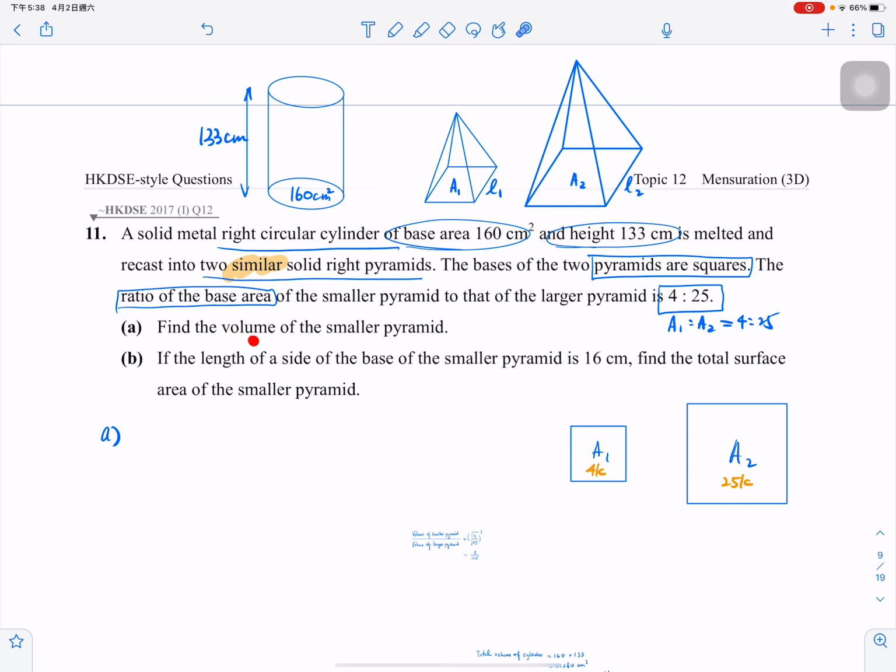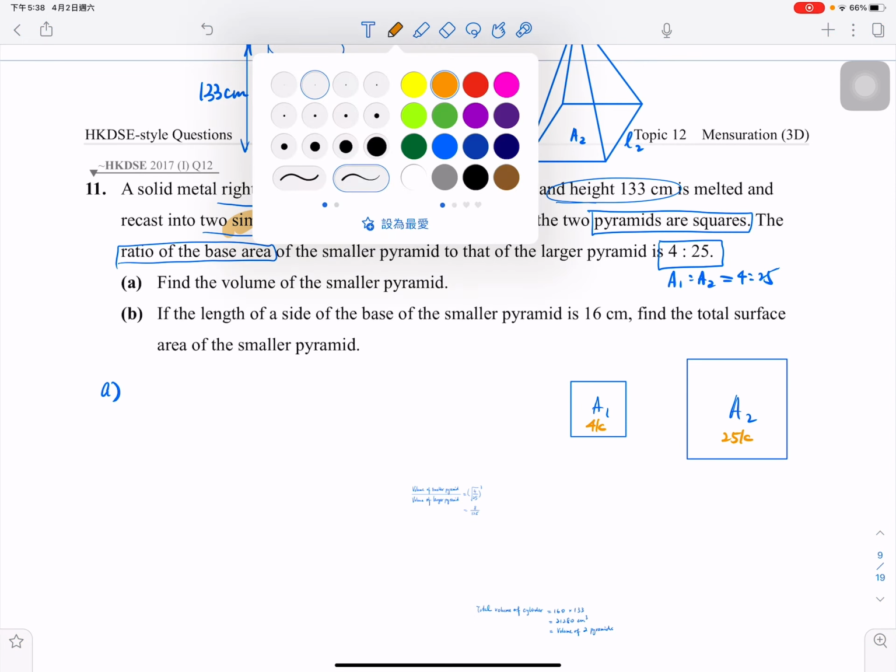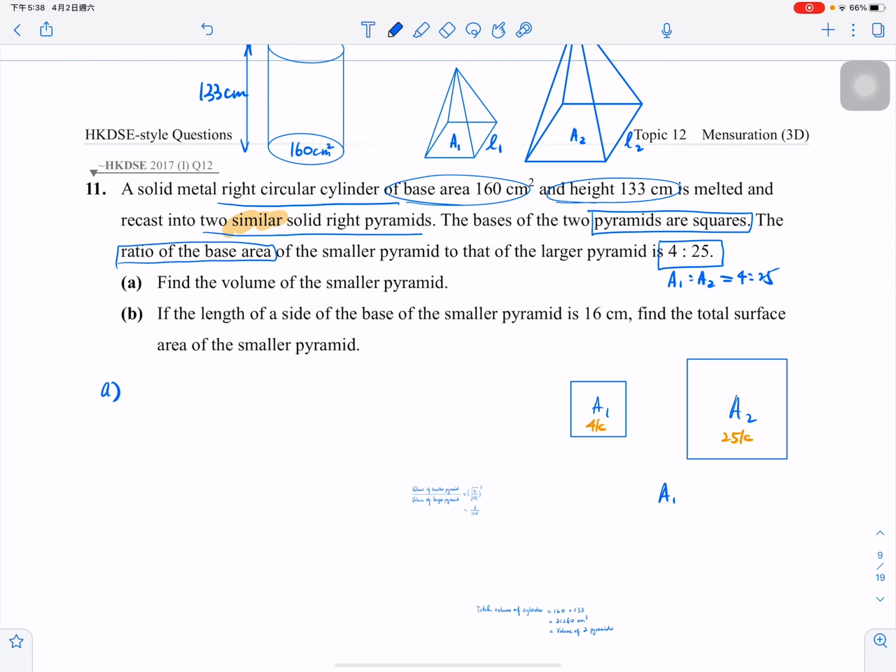Find the volume. Oh, how to find it? That means we need to use the total volume, because we recast it into two pyramids. So do you know the volume ratio of the two pyramids? Let's find it from the area. You know that A1 to A2 is 4 to 25, right?